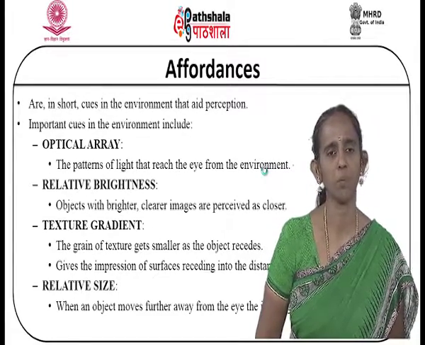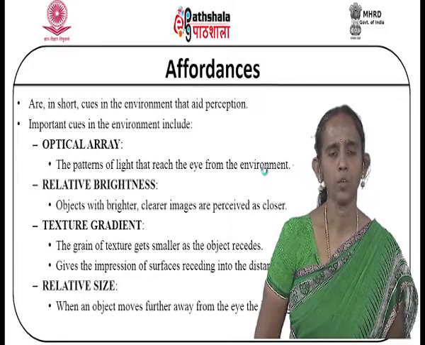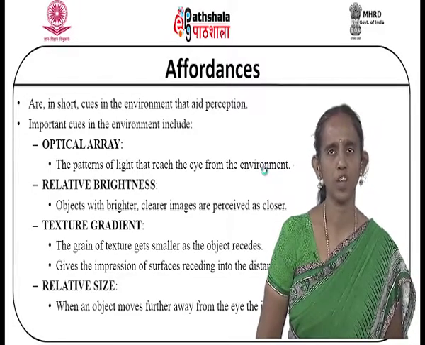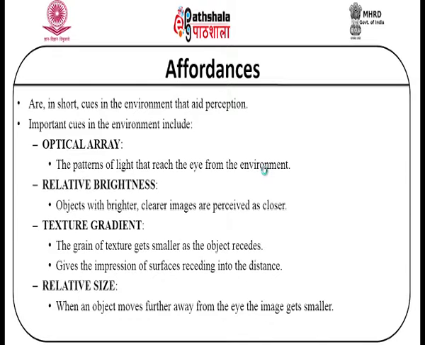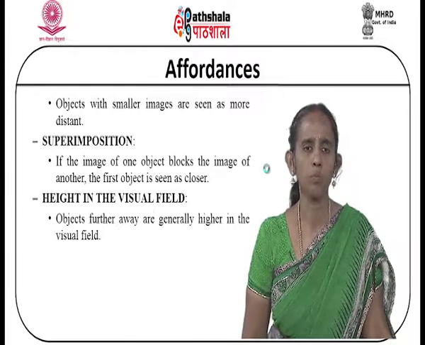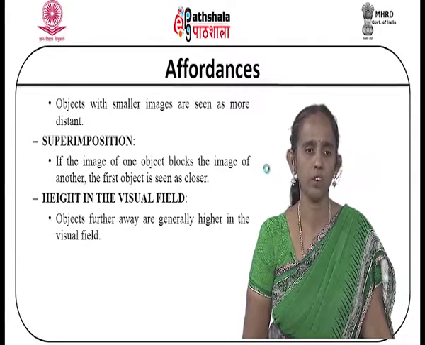Important cues in the environment include the optical array, which talks about the patterns of light that reach the eye from the environment; relative brightness, wherein objects with a brighter or clearer image are perceived as closer; texture gradient, where the grain of texture gets smaller as the object recedes, giving the impression of surfaces receding into the distance; and relative size, where when an object moves further away from the eye, the image gets smaller. Objects with a smaller image are seen as more distant.